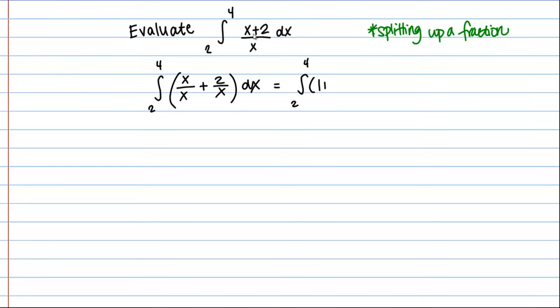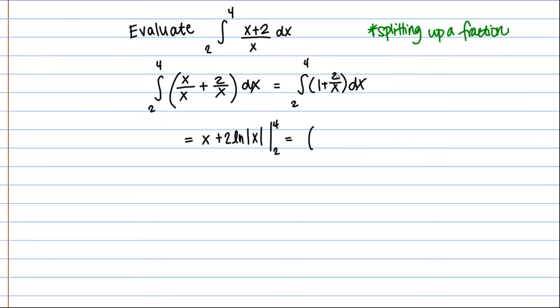This becomes the integral of 1 plus 2 over x dx. Now I have an integral that I can evaluate. I know the antiderivative of 1 is just x, and 2 over x is going to give me plus 2 natural log of the absolute value of x. And then I'm evaluating between 2 and 4.